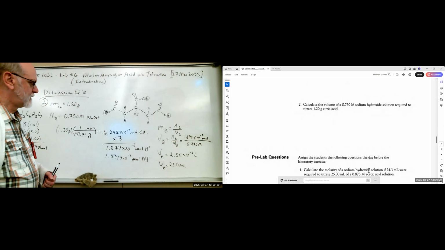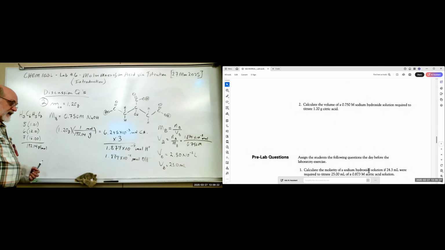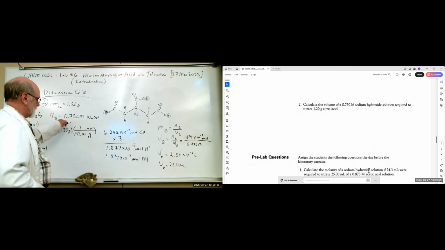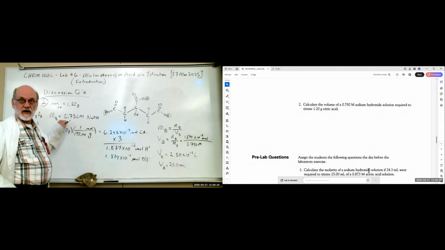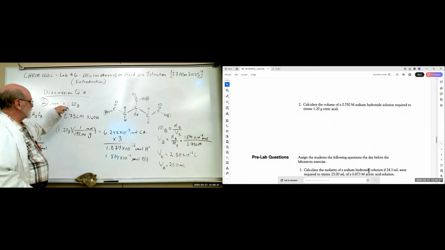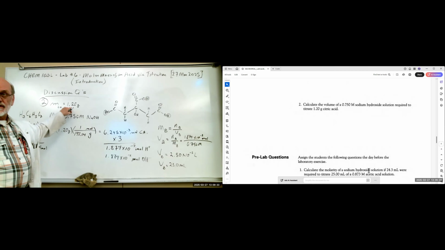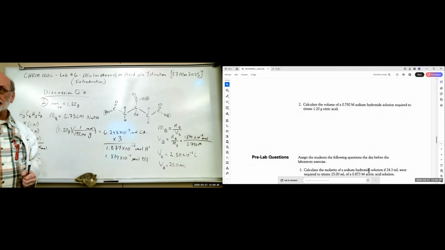So what we're saying is 25 milliliters of this base will reach the end point, which is the color change, with 1.2 grams of citric acid.